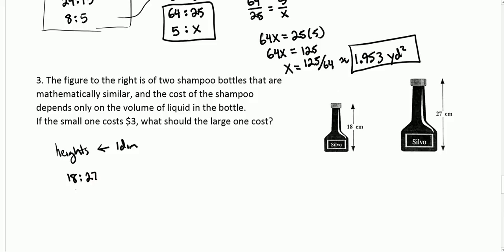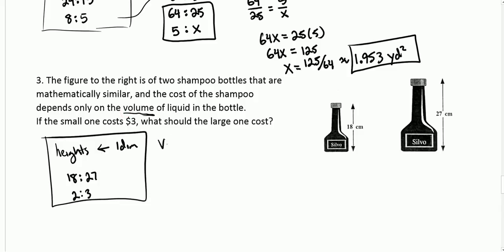We reduce that ratio dividing by 9 and get 2 to 3. If you read the problem, it's talking about volume and the cost related to volume. Volume is a three-dimensional thing, and so we can get our three-dimensional ratio by cubing the one-dimensional ratio, so 2 cubed to 3 cubed, or 8 to 27.